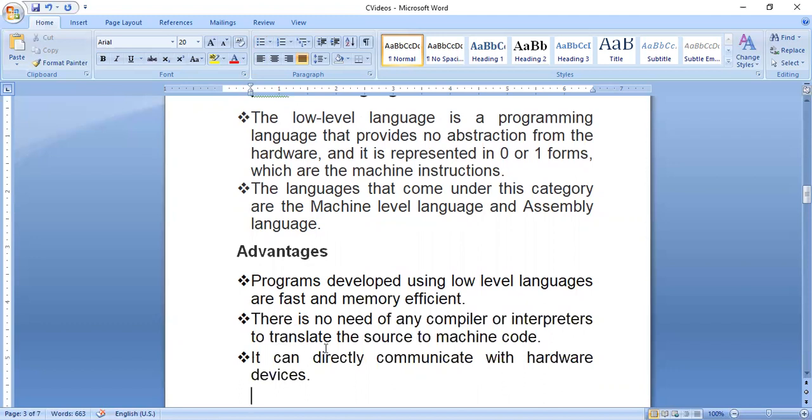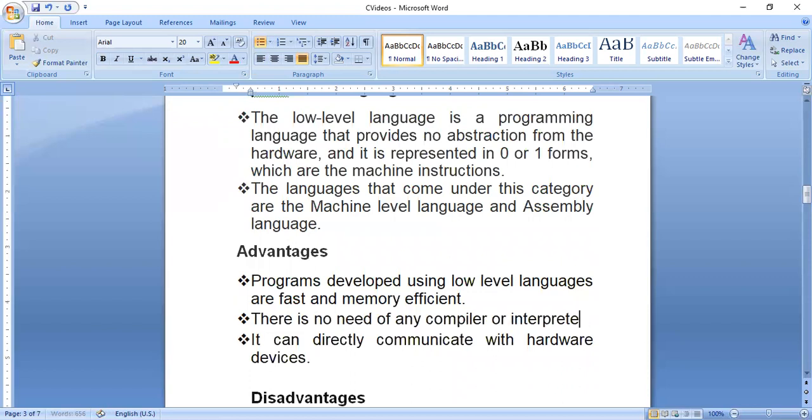So there is no need of any translator. Third one, it can directly communicate with the hardware devices. Those are the advantages of using low-level language.